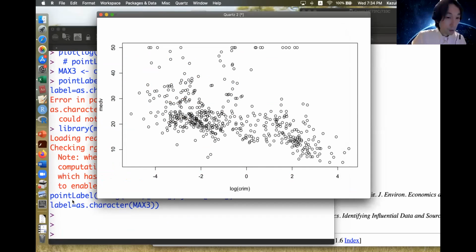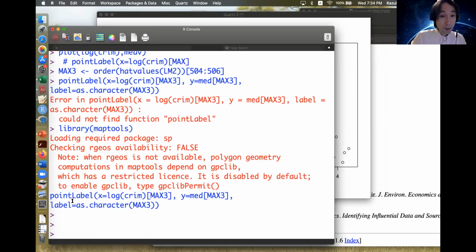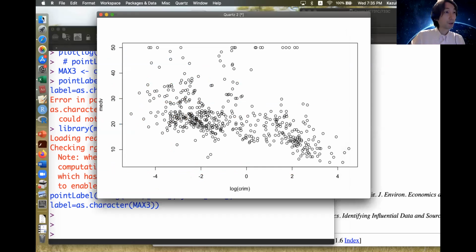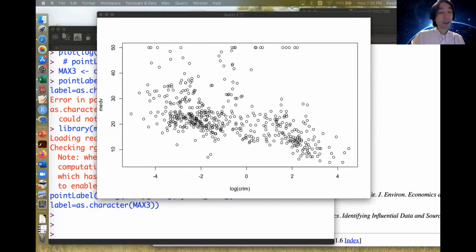It doesn't work well. I think there is some problem about loading the package. Sorry, I cannot reproduce my result in the chapter 3 slides.